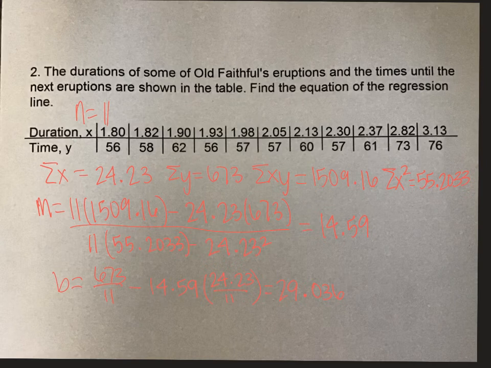Again, depending on how you round, where you round, those numbers could be slightly different, but they should be relatively close to that. So the only thing that you have to do after that is write your equation. So we got y hat equals 14.59x plus 29.036. Hopefully you did well on number 2.